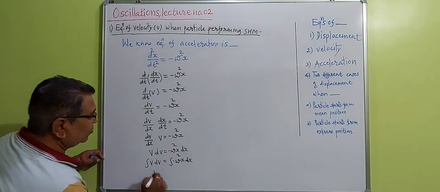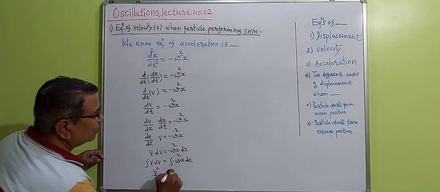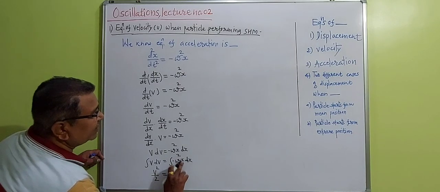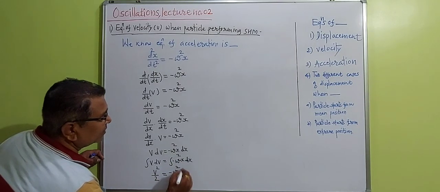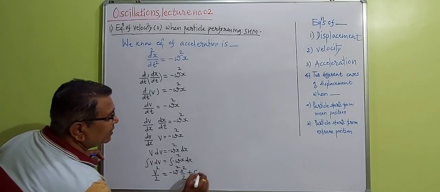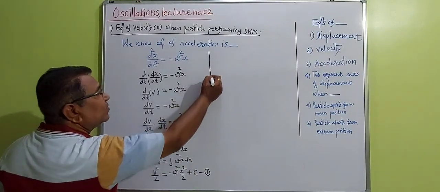So the integration of v dv is v square upon 2, equal to minus omega square, which is constant, and the integration of x is x square upon 2, plus some integration constant c. This is equation number 1.